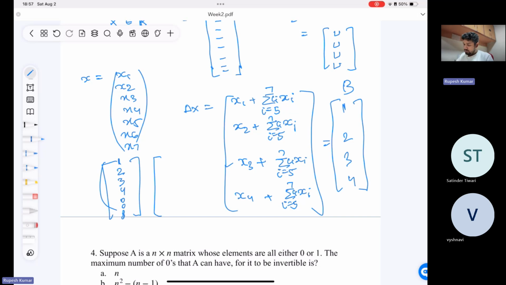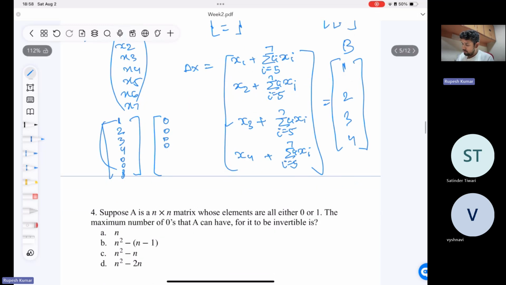Now let's say I choose x1 up to x4 to be 0, and I want to ensure that the other entries are 0, so you will see that you will get multiple possible values to ensure this, right? Multiple possible values of xi's to ensure that finally the sum is 1 2 3 and 4, right? So you can get infinitely many solutions for this problem.